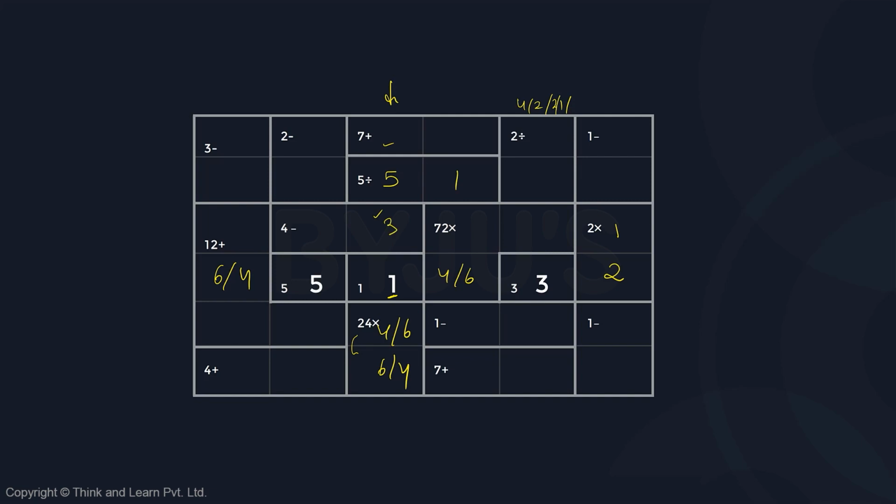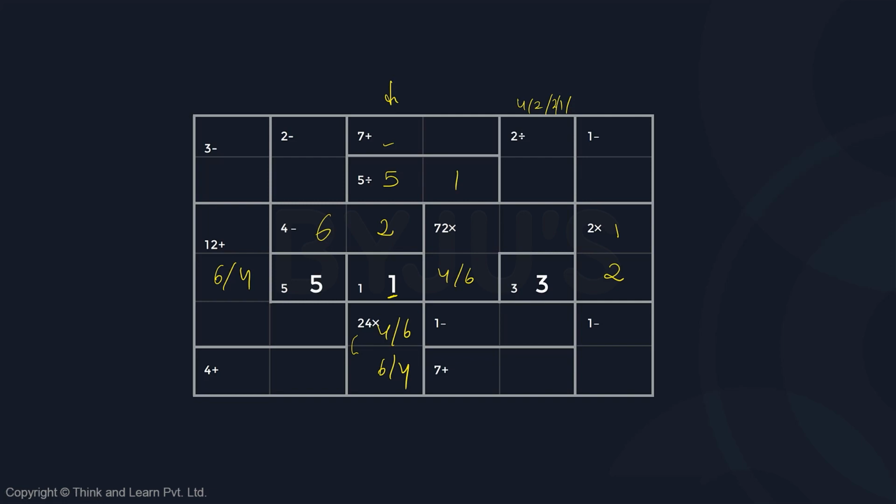Can we put 3 here? If we put 3 here, the difference should be 4, so this has to be 7, which is not possible because 7 cannot be used. That means I cannot use 3, I have to use 2, and this will definitely be 6 in that case. Is it clear?